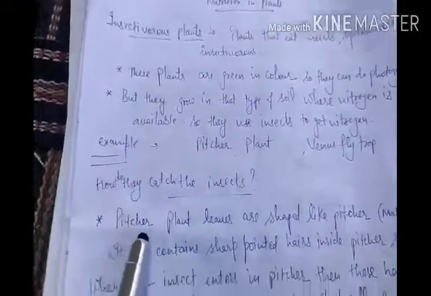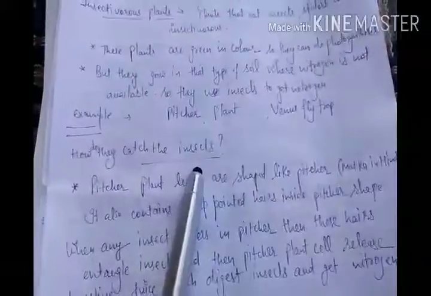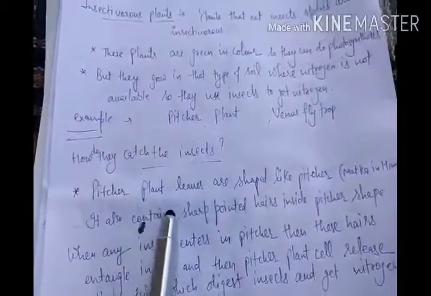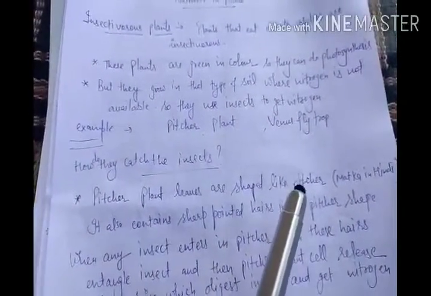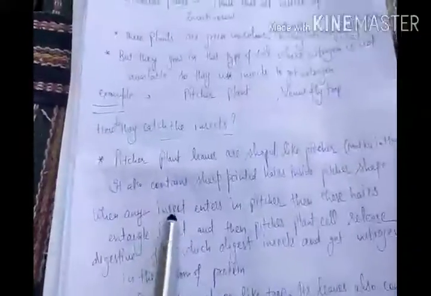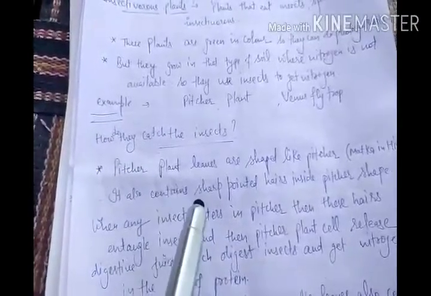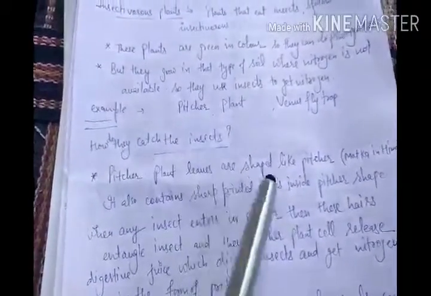So let's see how they catch the insects and how they make their food. Pitcher plant leaves have a shape like that pitcher I told you, matka in Hindi. Inside that pitcher shape, there are sharp pointed hairs.